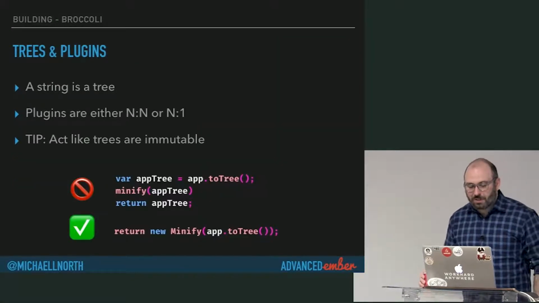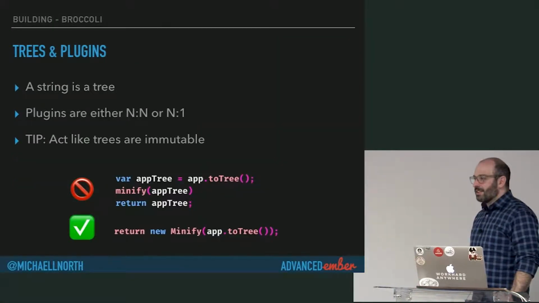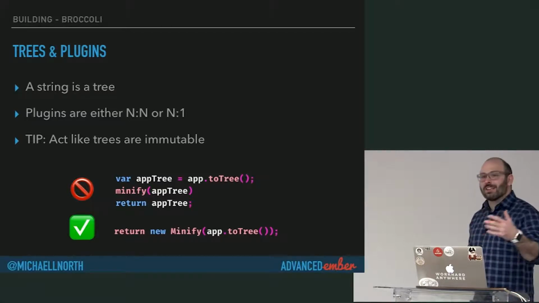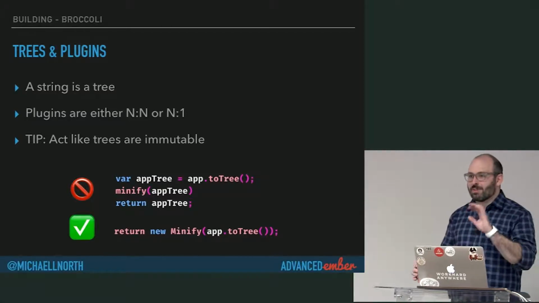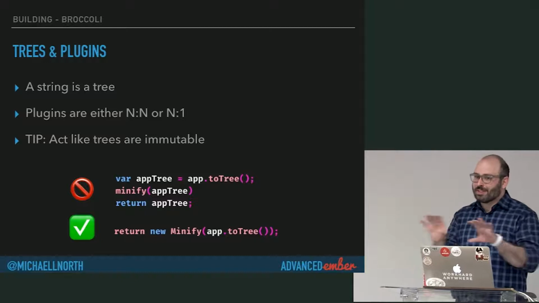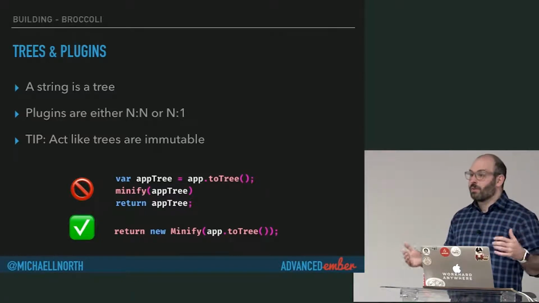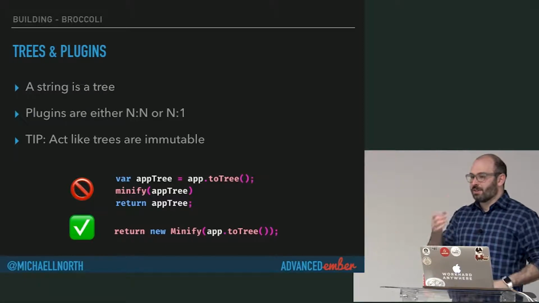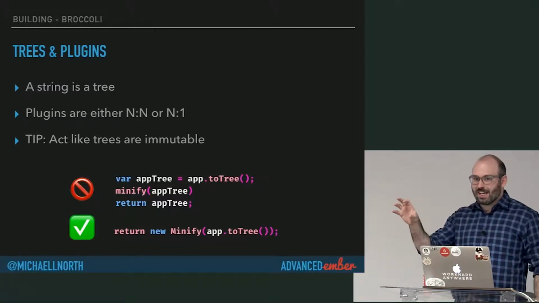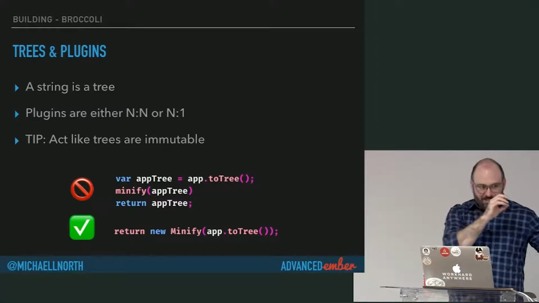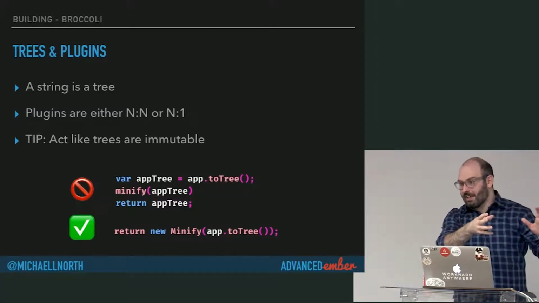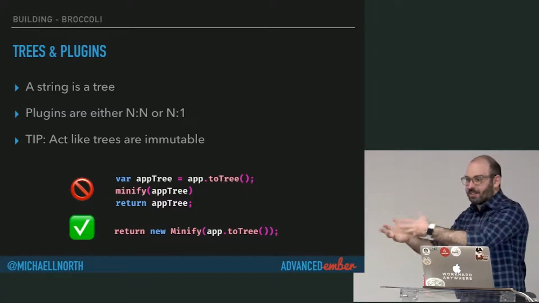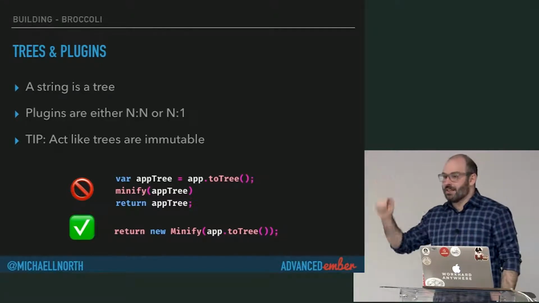So in terms of how to think of trees, they are like all Broccoli plugins, and these are the composable pieces of the pipeline that you assemble together. They will all return a new tree, right? So if you're turning Sass into CSS, you will pass some description of a set of files in, and you will get a set of files coming out, and that can be fed into the next plugin.